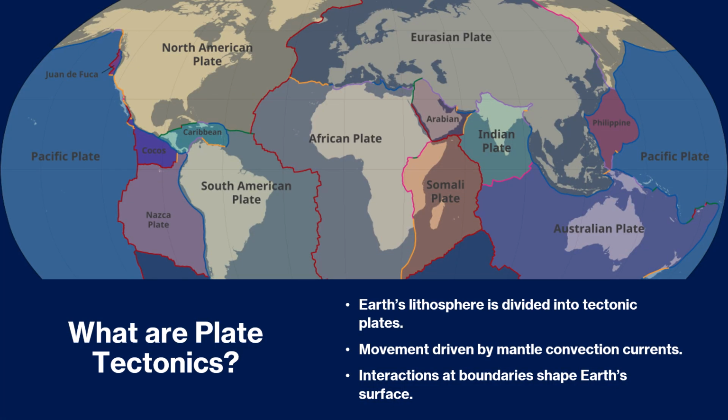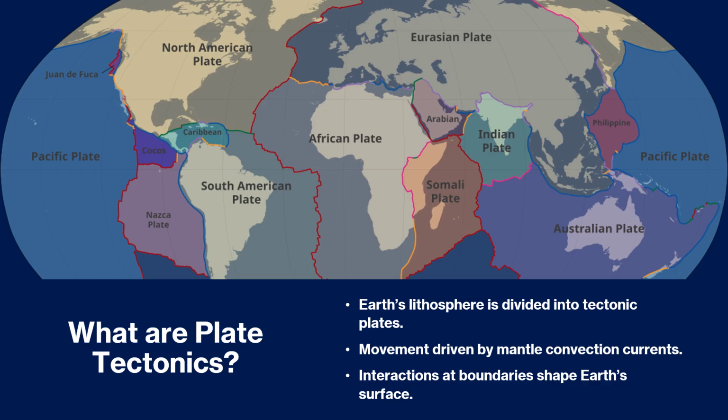Moving on, to understand how Earth's surface changes, we need to start with plate tectonics. The outer layer of our planet, called the lithosphere, is broken into massive slabs called tectonic plates. These plates float atop the semi-fluid asthenosphere and are constantly moving.